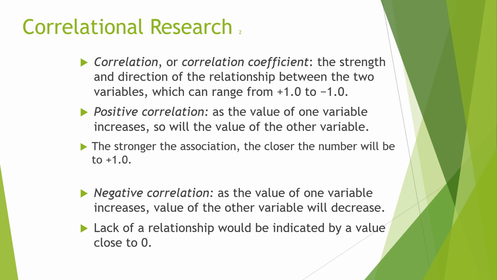If your correlation coefficient is 0.5, that shows there is little to no relationship between your two variables. If your correlation coefficient is 0.90, then you have a very strong relationship between your variables.